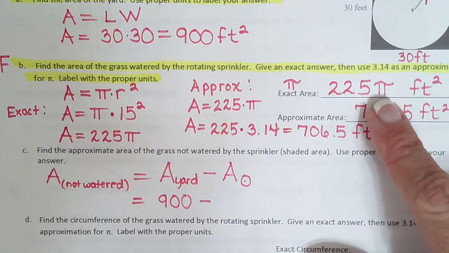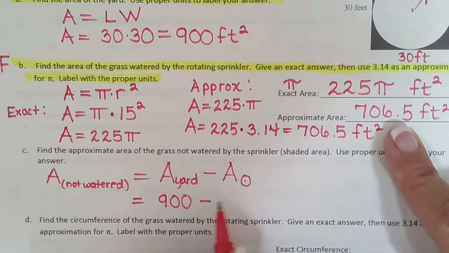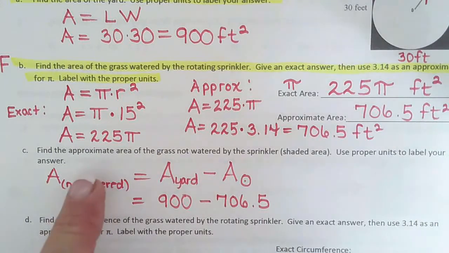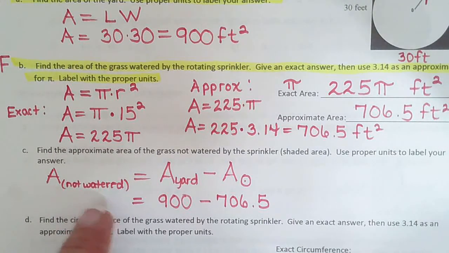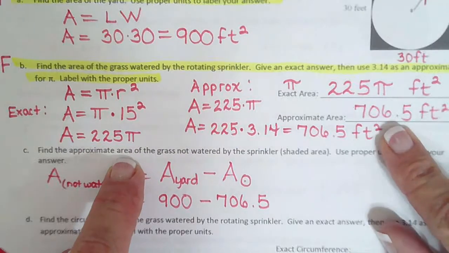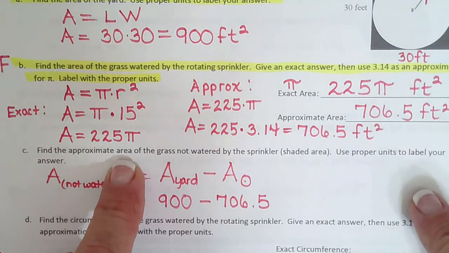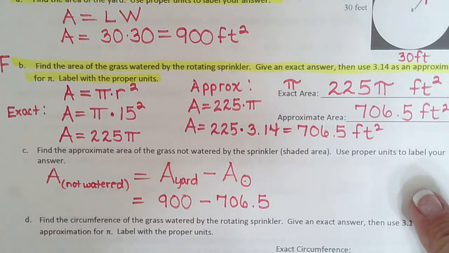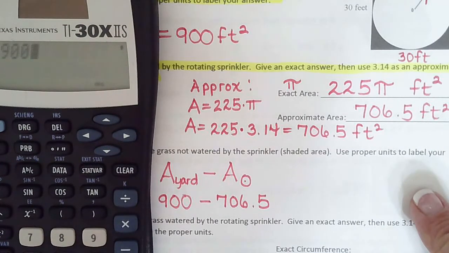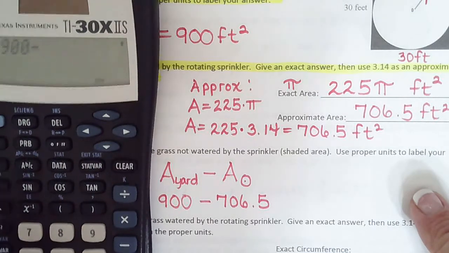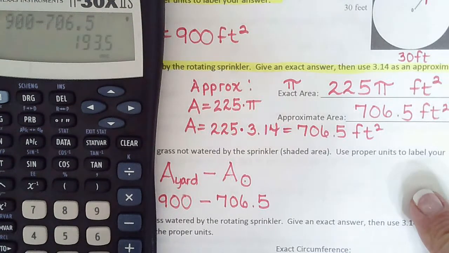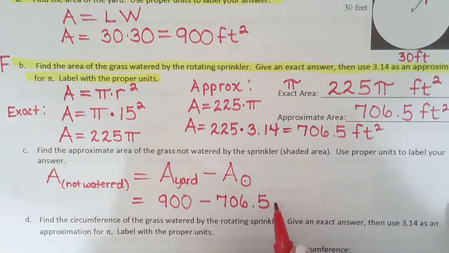So we probably don't want the pi one since we're going to be subtracting. So let's do 706.5. Find the approximate area. So that's how you know to use this one, not this one. And when we plug that into our calculator, 900 minus 706.5 is 193.5.